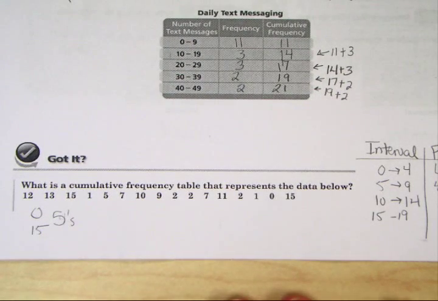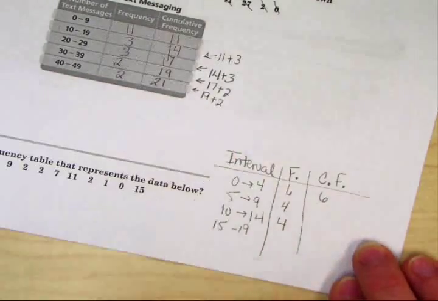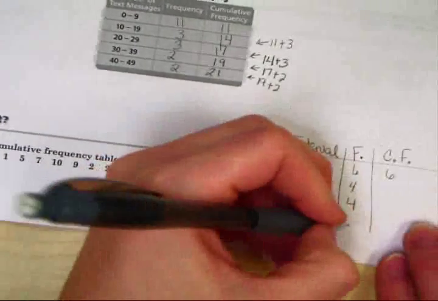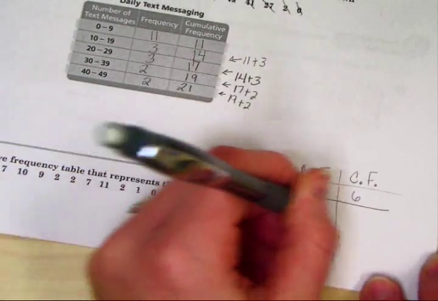Okay? 10 to 14. You should get that happened 4 times. And 15 through 19. That should be the remaining 2. Now you notice I saved the cumulative frequency until the end.